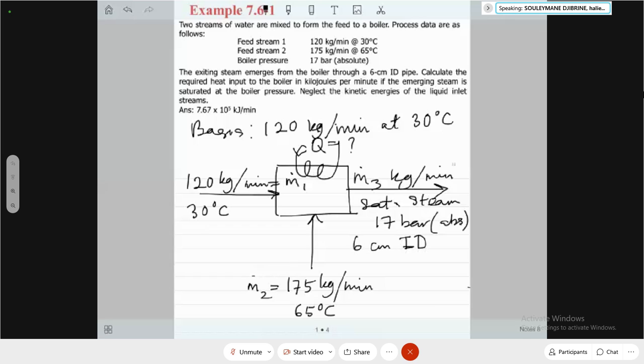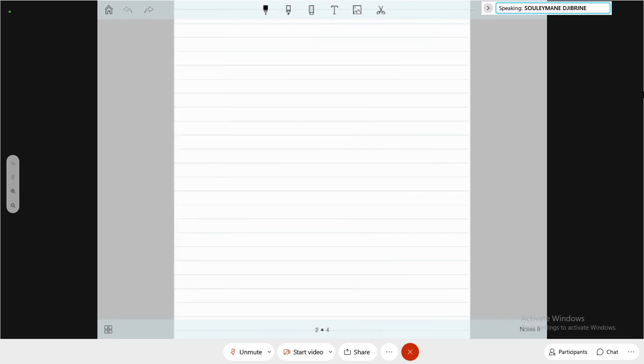Okay, we have done the block diagram. We have denoted the unknown flow rate as M3, the flow rate of the outlet stream. So what else to do next? Material balance. Okay, let's do the material balance.